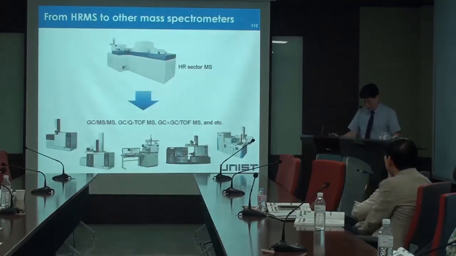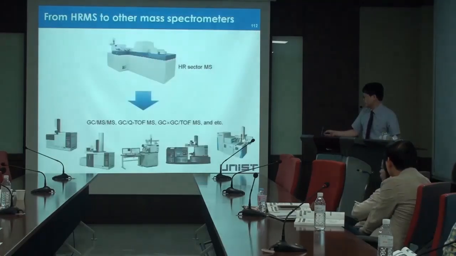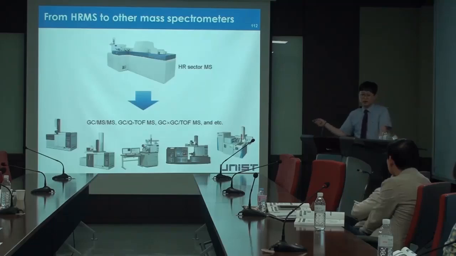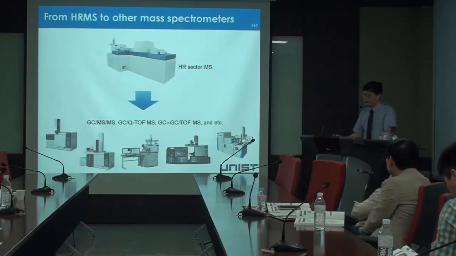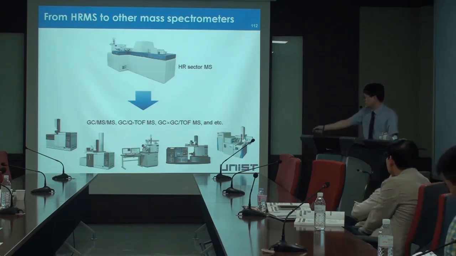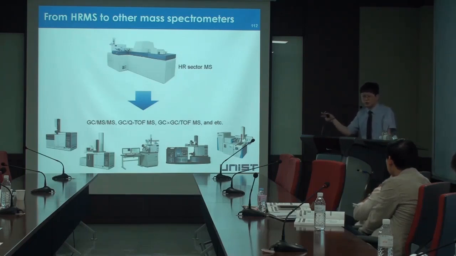Okay, from these sessions, the main topic is this one: from HRMS to different types of instruments. GC-Orbitrap, MS/MS, GC-Q quadrupole, triple quadrupole, TQ, and TOF, the hybrid MS, and GC-HRTOF or GCxGC-TOF.